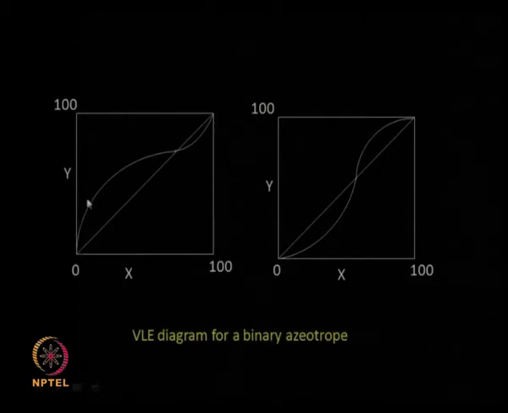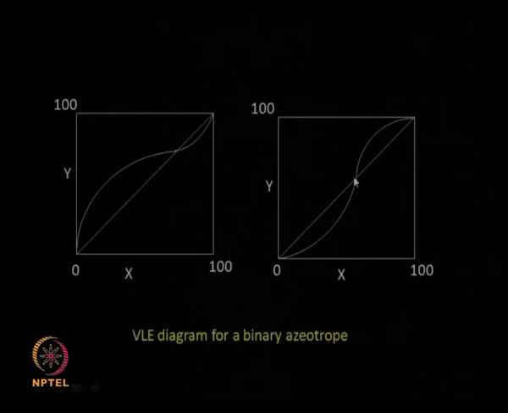If this graph all the time goes above, no problem, if it goes all the time below, no problem, but if it goes like this, then at this place we have the composition of the low boiler in the vapor and the liquid equal, okay, because this is the x equal to y line.